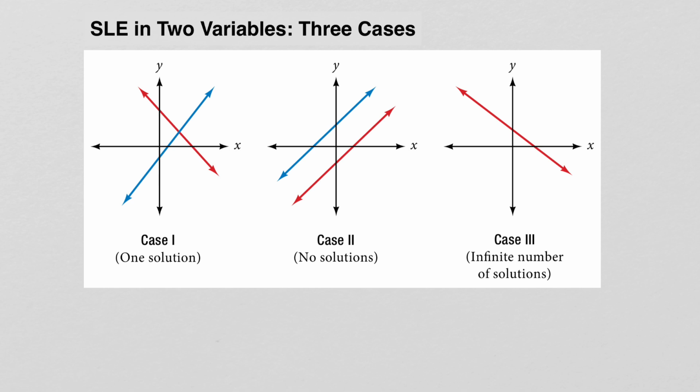And the third case is it could be that the two equations actually end up giving you the exact same line. And in this case, there is an infinite number of solutions, right? Because basically one line is right on top of the other line, and all points on the line would be a solution. Now, the truth is, the vast majority of the time, you're going to have one solution, but we will discuss the other two as well.